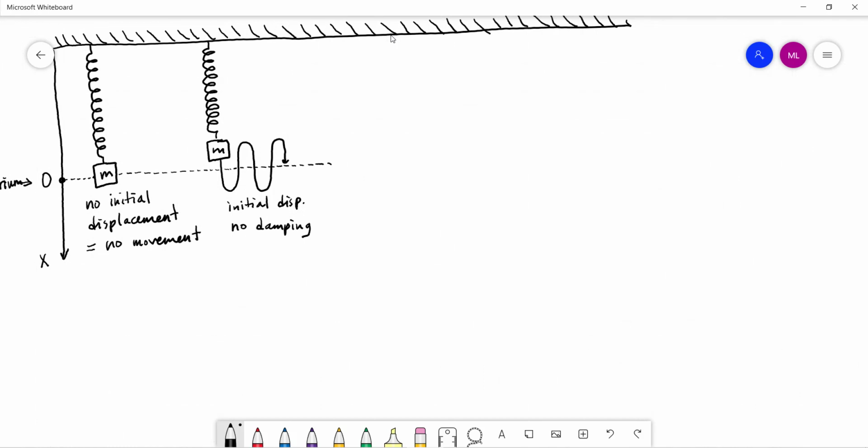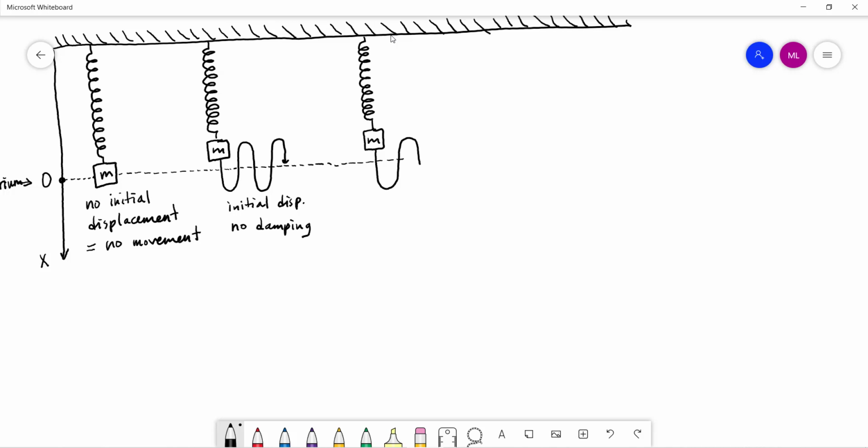What if we do the same thing? So same starting situation. Right, here's our displaced mass, same initial displacement, but now we have some damping. What would happen if there's some damping, some friction? Well, we would expect it to start to oscillate, but because of the friction, it wouldn't quite return to its full height when it oscillated back.